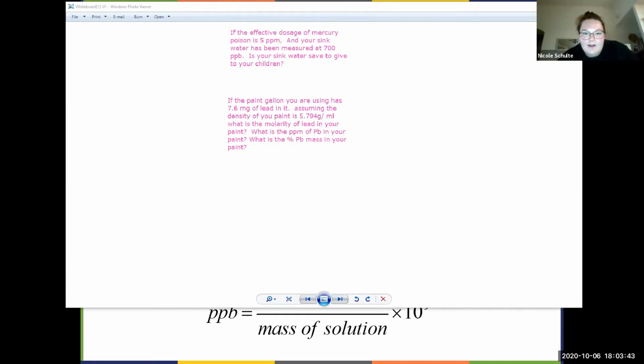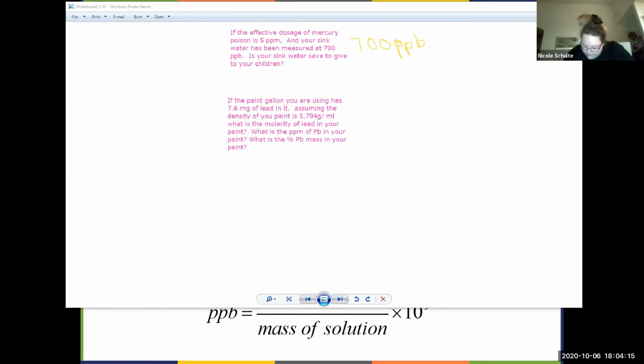So what you did is you explained to us that since it is parts per billion and parts per million, we had to find the similarity to both. So we said that was 10 over 3. So the given was 700 parts per billion, and we need to know parts per million.